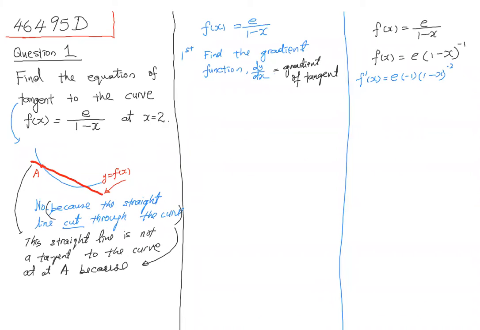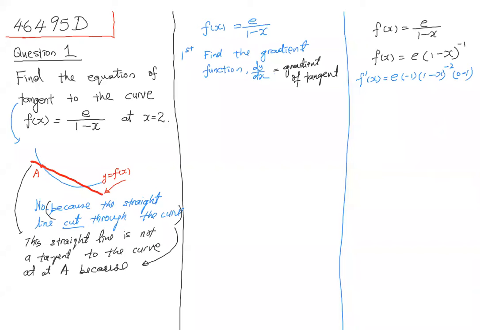Then after that, times the derivative of 1 minus x. The derivative of 1 is 0, no doubt. Then the derivative of negative x is negative 1.